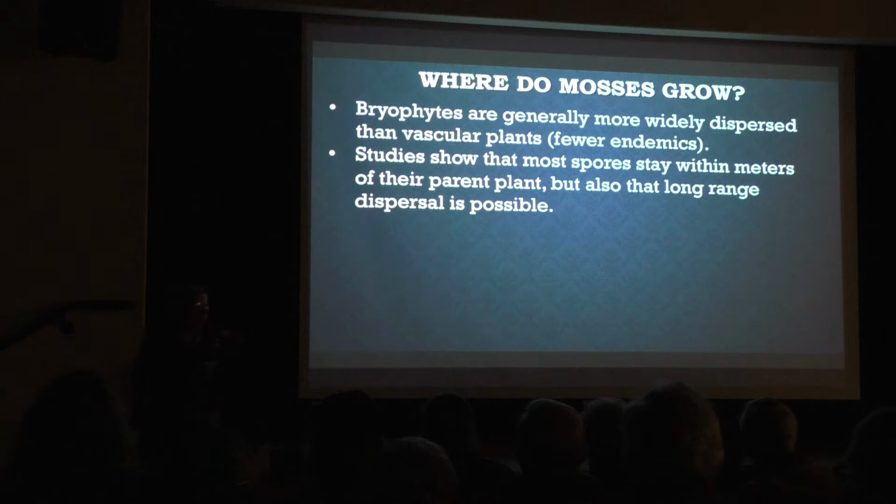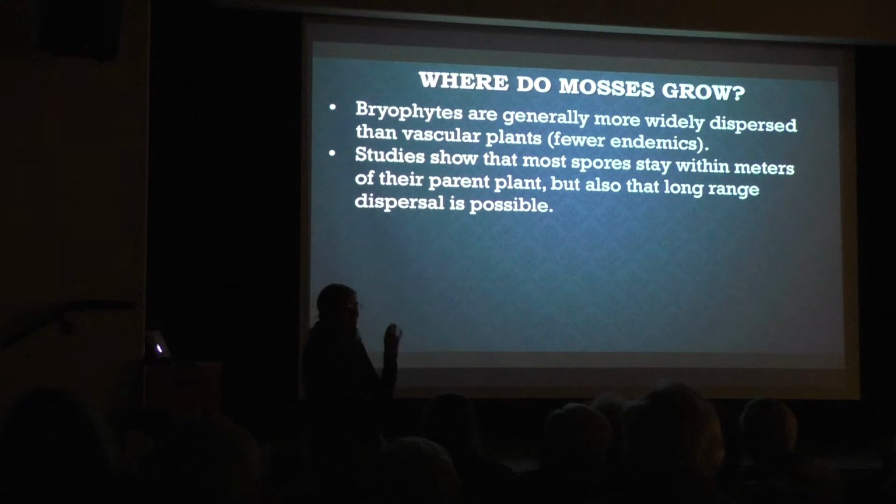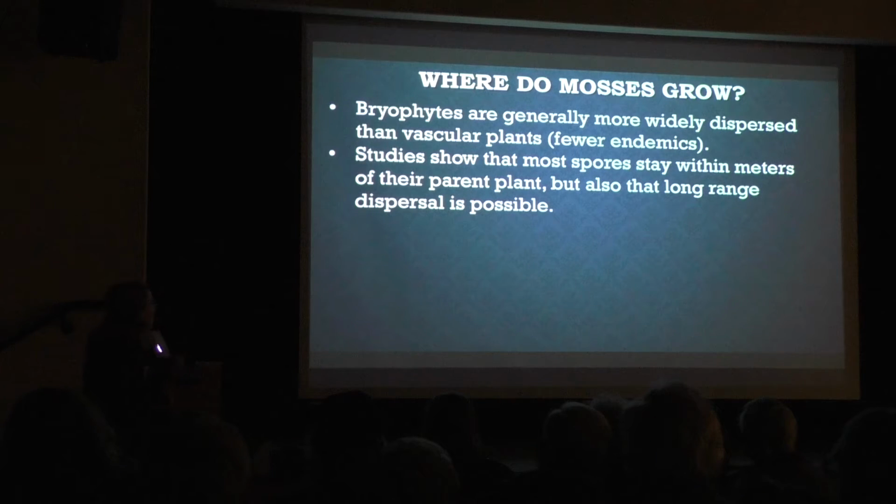We don't have that sort of restriction on mosses, and it's probably because these spores and these propagules are so small, they can get out. Studies have shown that most of the spores and propagules stay within just meters of the parent plants. But also that long-range dispersal is possible.